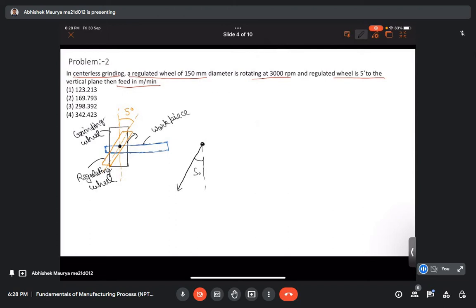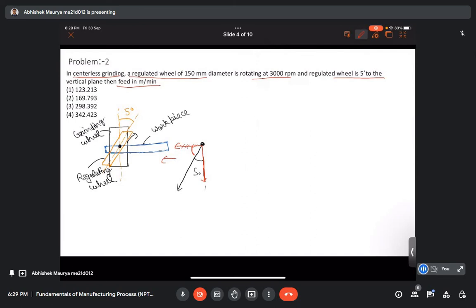And if we decompose this velocity into two parts, it will be like this. Because of this component, our workpiece will be pulled towards the left, and therefore our whole workpiece gets fed in between the regulating wheel and grinding wheel.